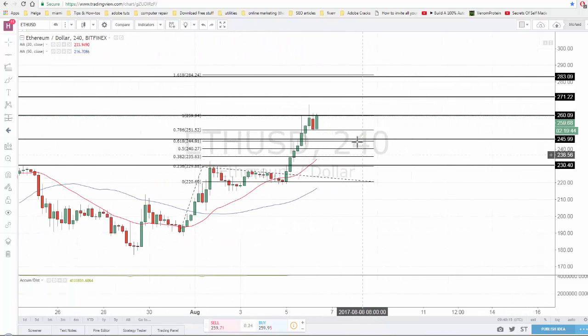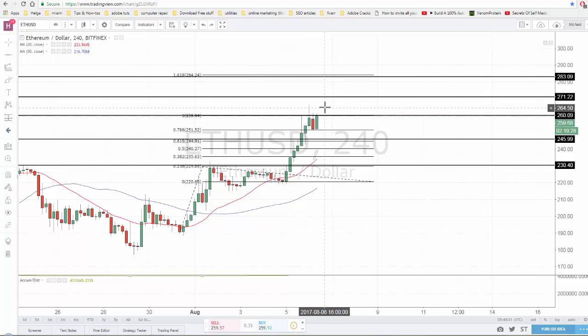So bingo, we have one here. We have the number 1 Fibonacci line. It's right under this support and resistance line that I just drew a minute ago. So very, very likely this is going to bounce here.